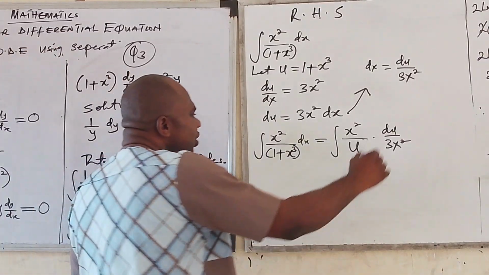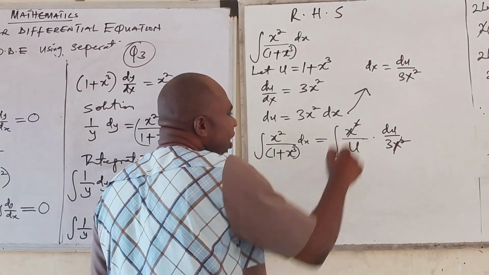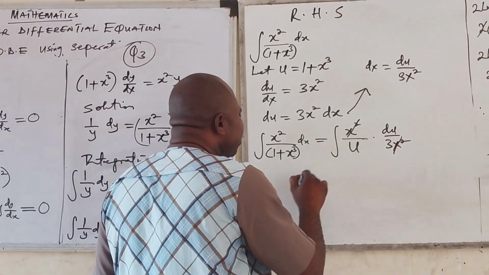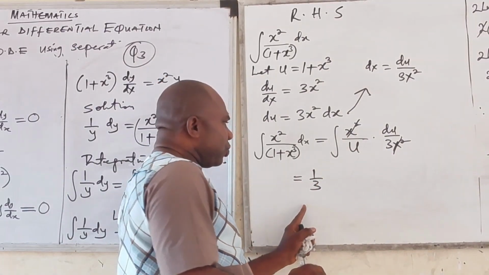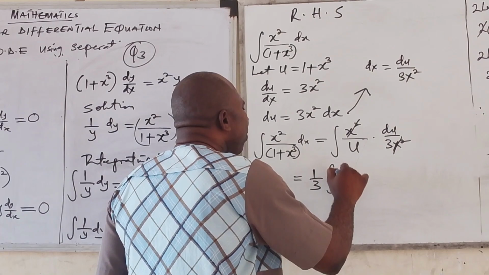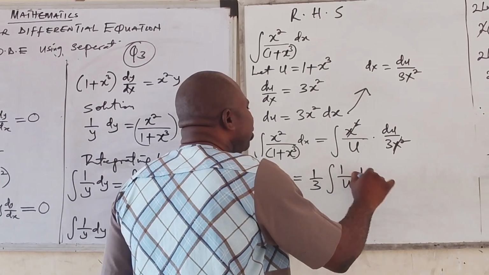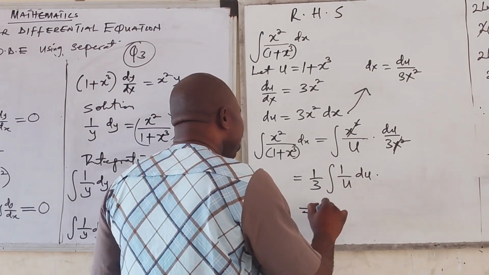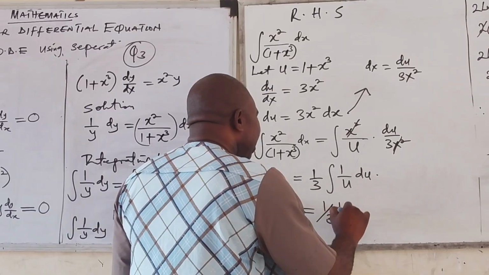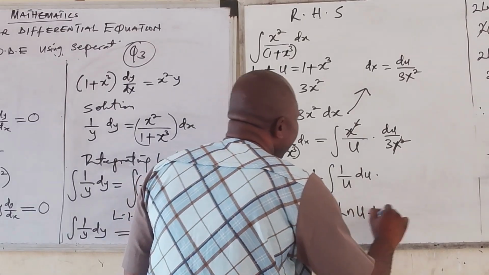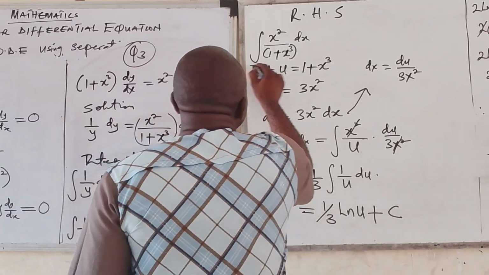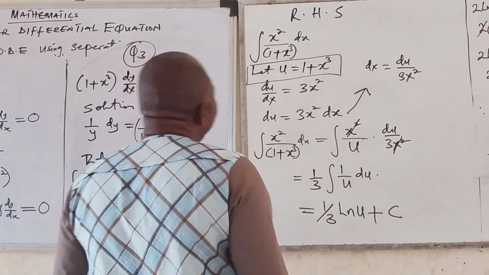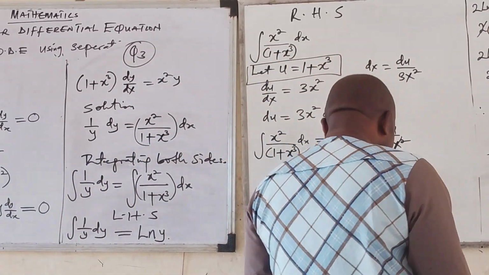Now this x squared will cancel with this x squared. It means we'll be left with 1 all over 3. Because 1 over 3 is a constant, we take it out. The integral of 1 all over u du gives us 1 all over 3 ln u plus a constant. But remember the value of our u: we said let u be equal to 1 plus x raised to the power of 3.